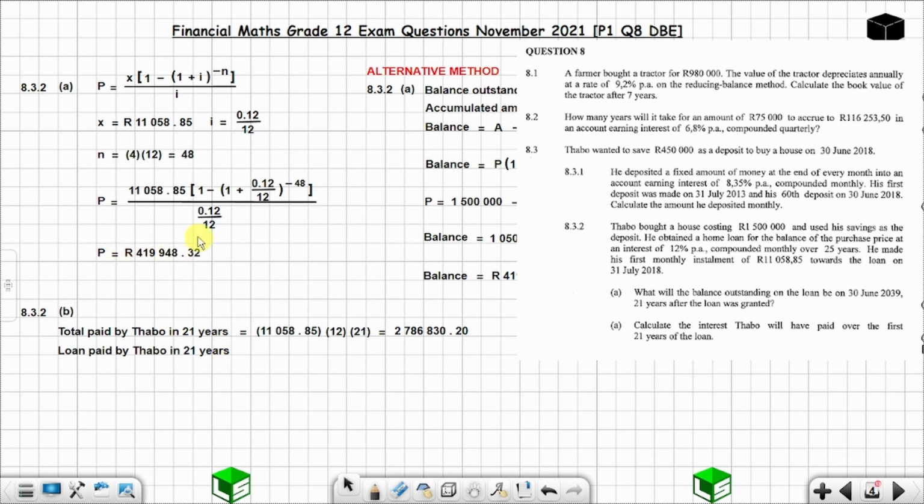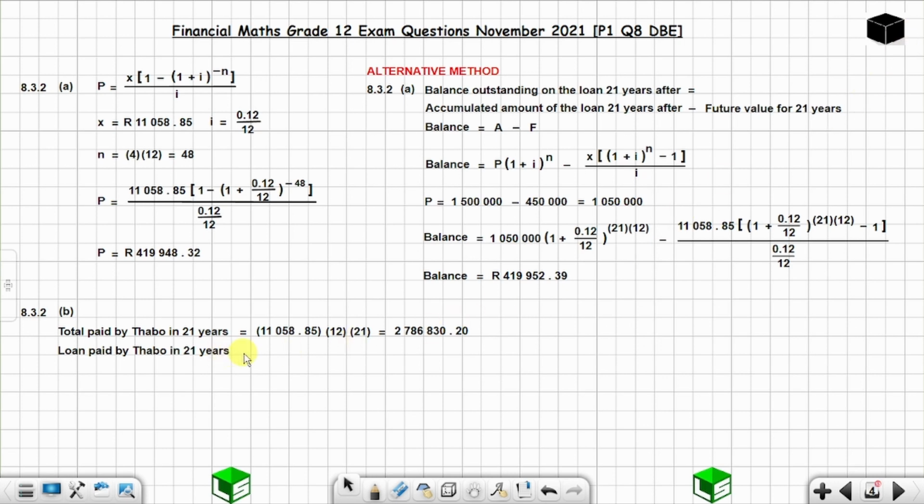Okay, this is for 4 years, the outstanding, remember, from 21 to 25. Let's remove the one for 4 years and we are going to get the one for 21 years. Let's get off this amount from the loan. This loan is granted for 25 years. Let's get off the one for 4 years and we are going to be left with the one for 21 years.